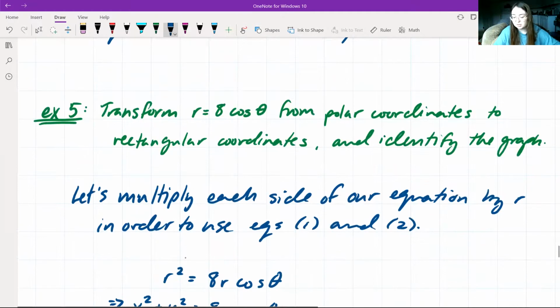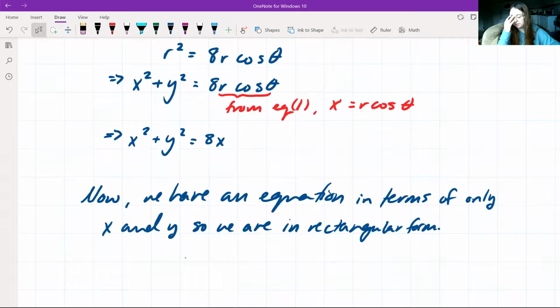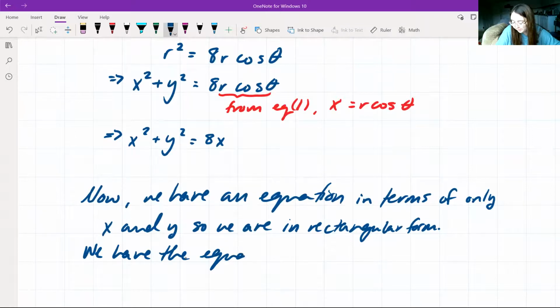The other part of this question was that we want to identify the graph. What we have here is x squared plus y squared is equal to 8x. Anytime you have x squared plus y squared is equal to some value, you have the equation of a circle. So we have the equation of a circle. So let's go ahead and put this in standard form.